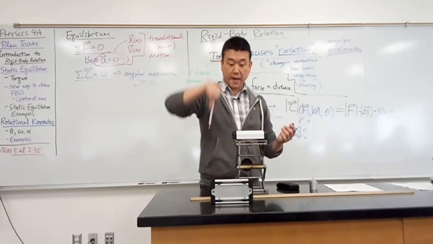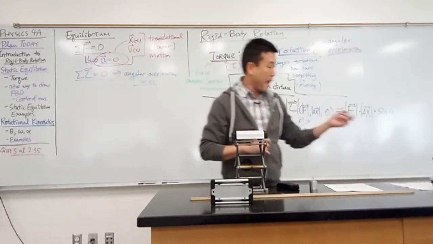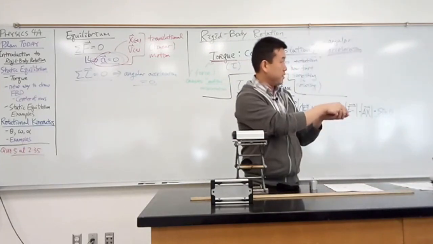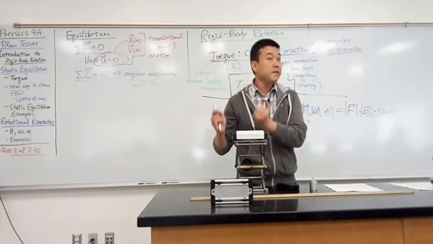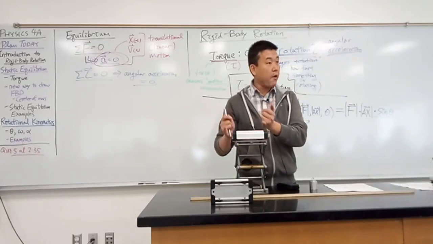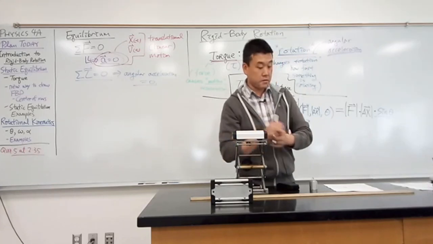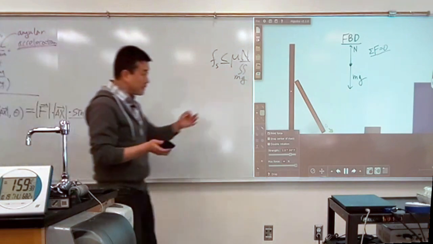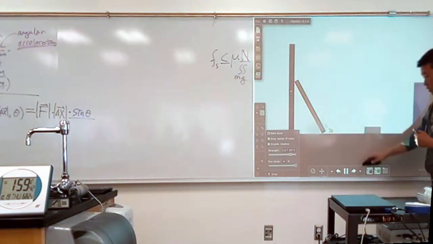For gravity, all that matters is a downward force somewhere on this object. And that's why I represent all my objects with a single dot, because I didn't care where the force was, as long as it was somewhere on the object. That's going to change now. We now care where on the object the force is. So what that means is that this diagram doesn't work for my free body diagram anymore.